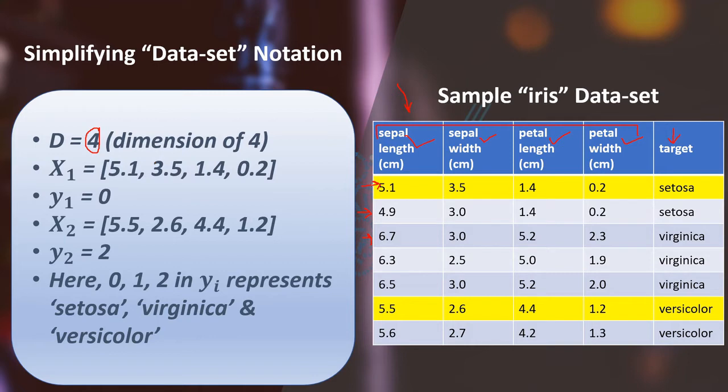For simplicity, you can think i starts from the first row, that is 1, this is 2, this is 3. So x1 is the feature set corresponding to the first row, which I have highlighted in yellow. Similarly, the label y1 is 0. Why is it 0 and not Setosa? I am telling you right now.